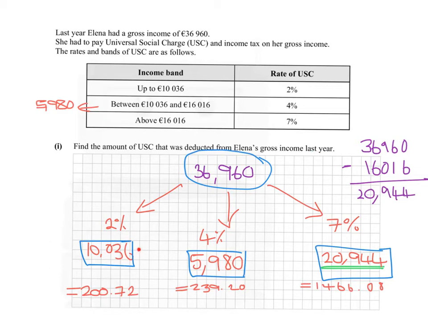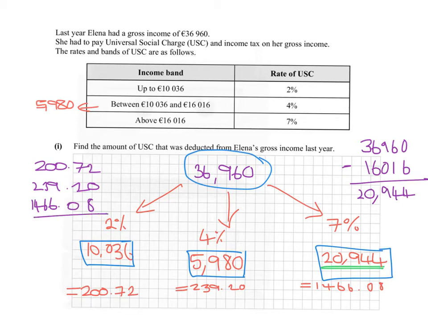So USC was charged at 2%, 4% and 7%, and they are the amounts that were charged. So what we need to do is add those three numbers together. So we're adding up 272, 239.20, and 1,466.08.